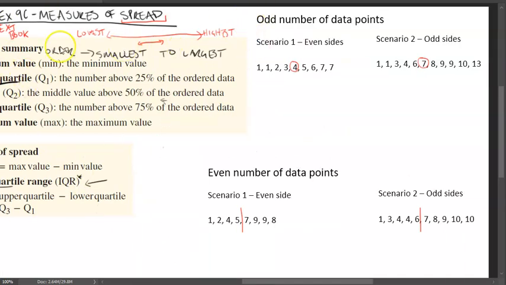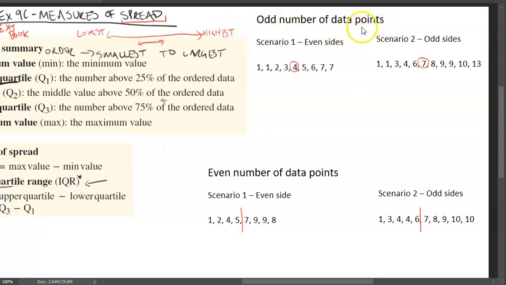Okay, having a look at these 4 different examples on the side here, we have 4 scenarios and they've been split up into 2 different parts: whether we have an odd number of data points, or whether we have an even number of data points. So the first 2 scenarios have an odd number of data points.